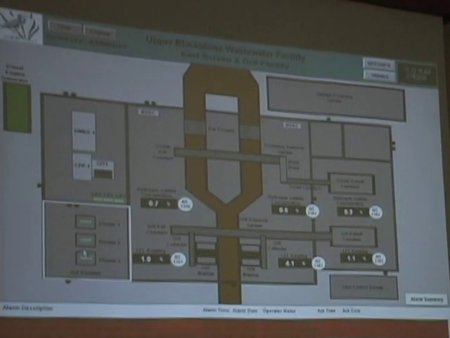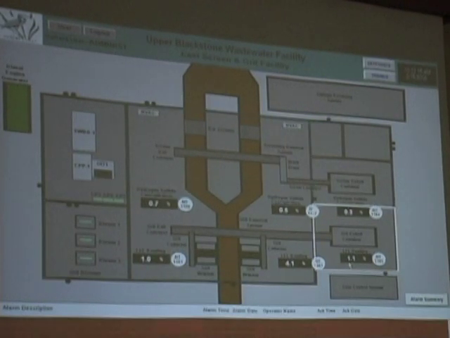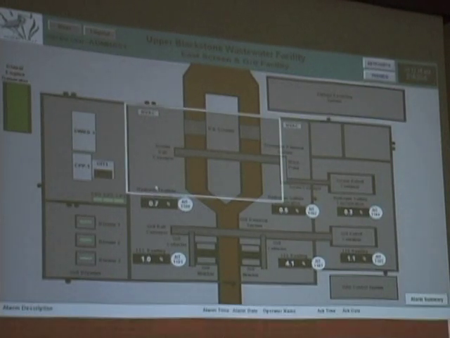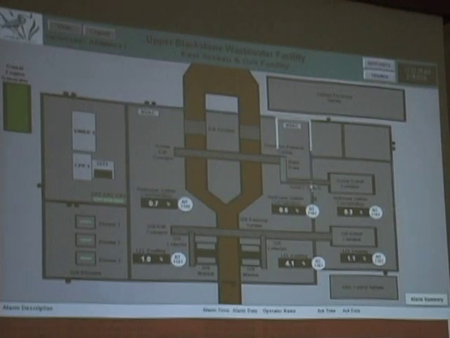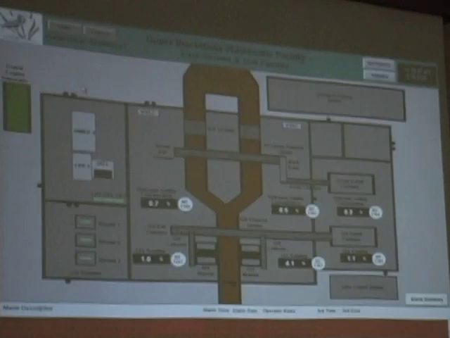Okay, you can see how there's a little white box that shows up to highlight the area so you know where it is that you're going to. So you don't have to drill down from this level through like 3 other screens to get to specific information. If you want to go from here straight to the roll-off container, all you have to do is click right on the roll-off container and it brings that up. Back to the overview.